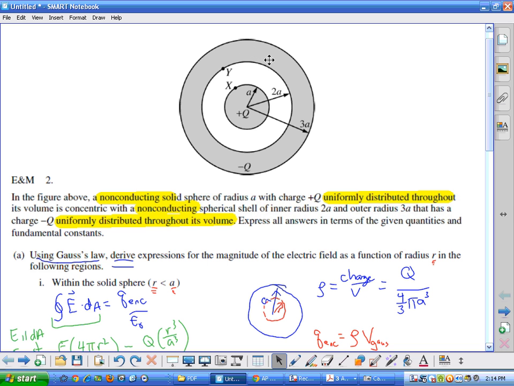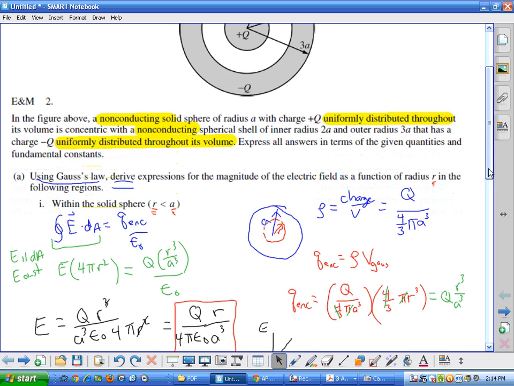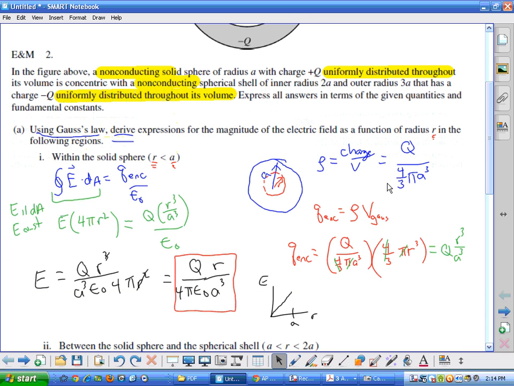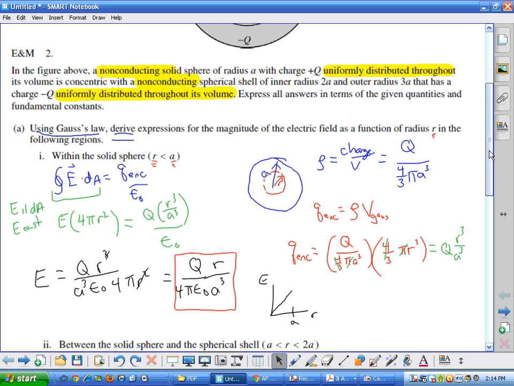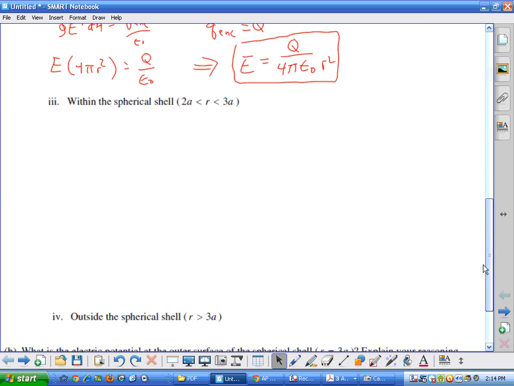This is a non-conducting spherical shell, so we are going to have to figure out how much of the negative Q is enclosed. Not all of it is enclosed. It's going to be a similar idea to what we did here, but the difference is the volume of the spherical shell is going to be slightly different.